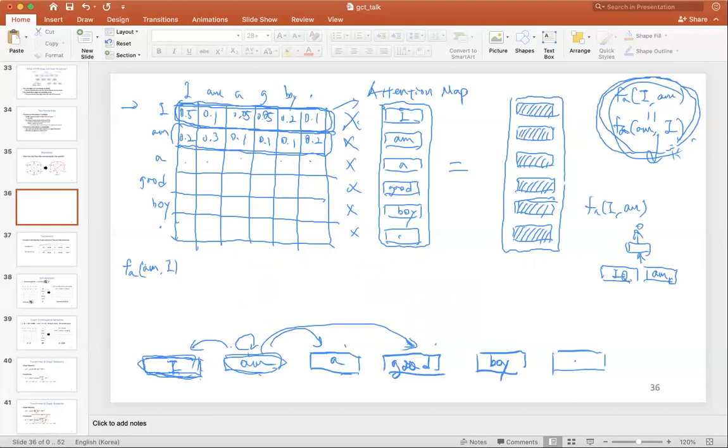But this time this is f(M, I): M's Q and I's K. Then we use f(M, M): M's Q and M's K, like this.